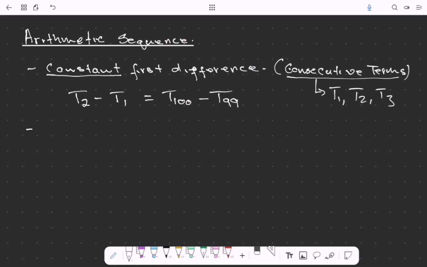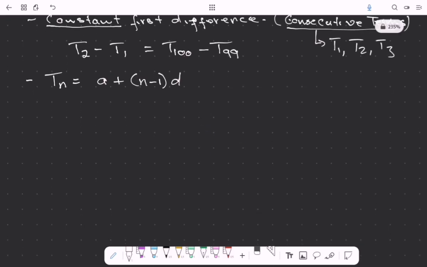Each and every arithmetic sequence is defined by the general term Tn is equal to a plus n minus 1 times d. Just as we emphasized in the quadratic number pattern, it is very important to know what each of the variables in this equation means.